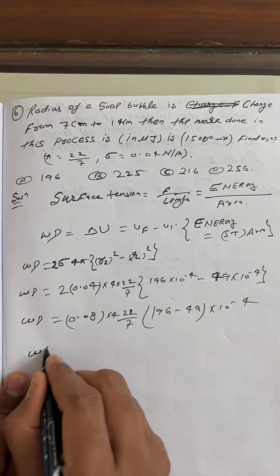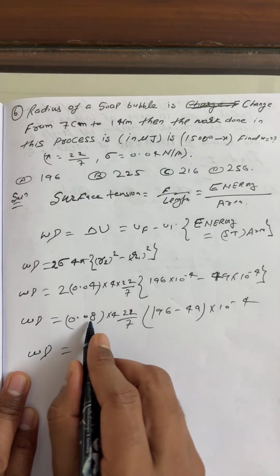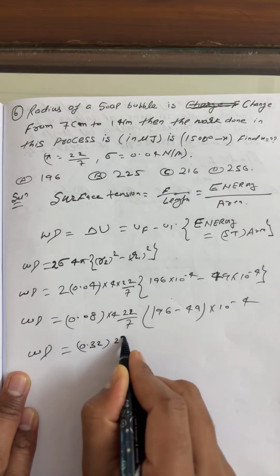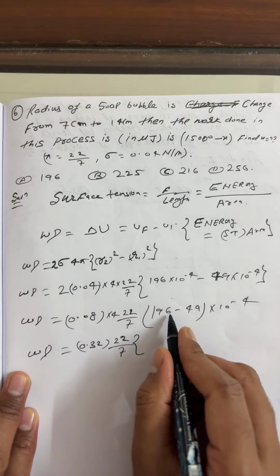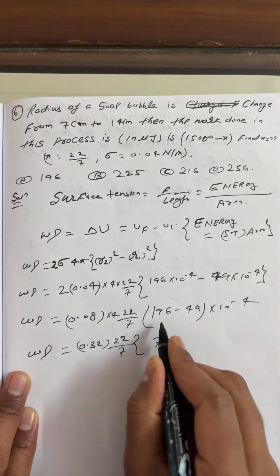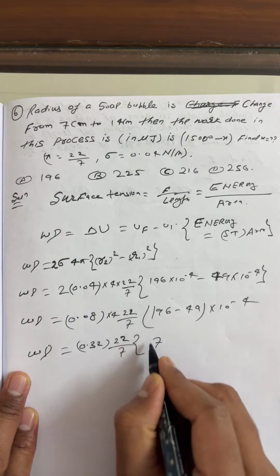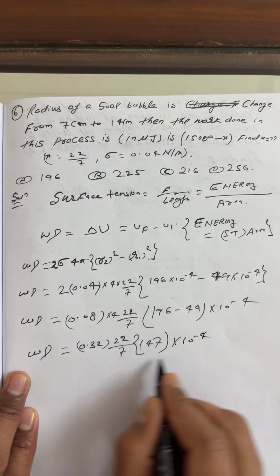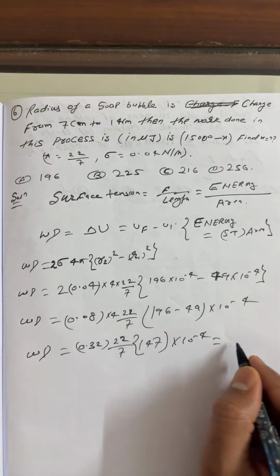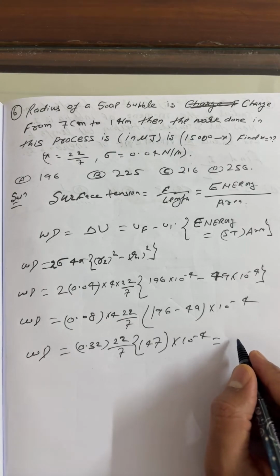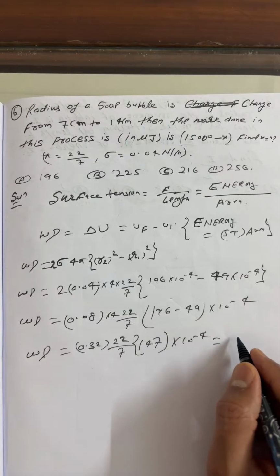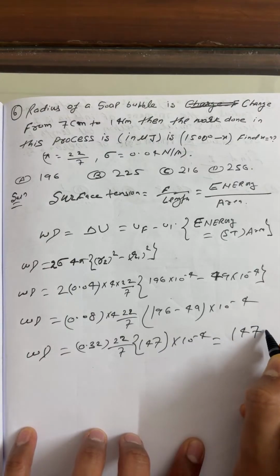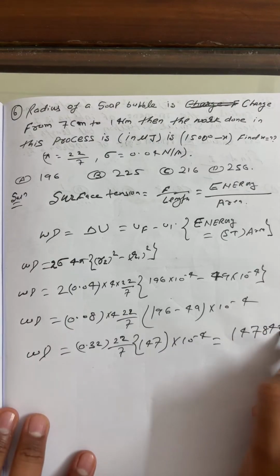Further, you can see 0.32 into 22 by 7 into 147 into 10 to the power minus 4. Further solving, you will get work done as 14784 in joule only.